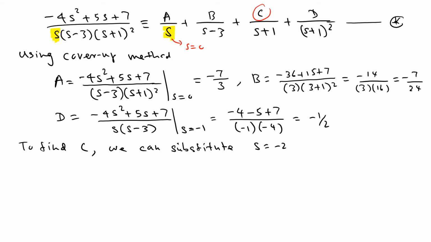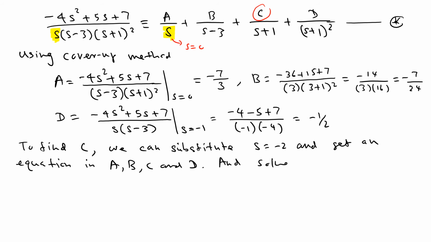That's a special number because that's going to make a smaller denominator. And then get an equation in a, b, c, and d, but we already know a, b, and d, so solve for c. That's one way to do that. Or the other way is just use the regular technique and just find c.